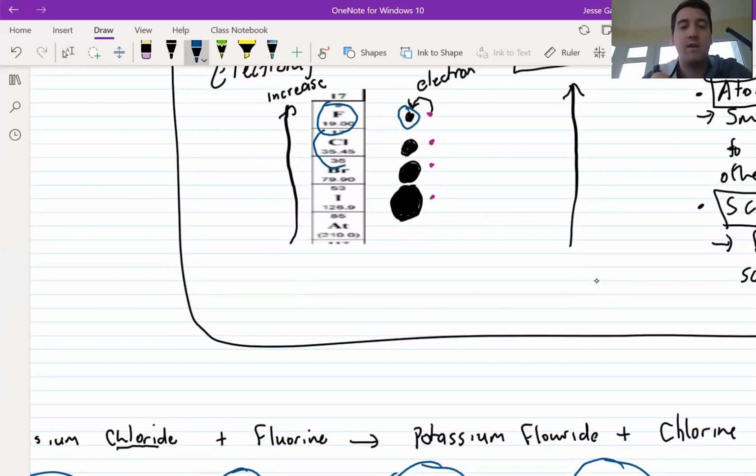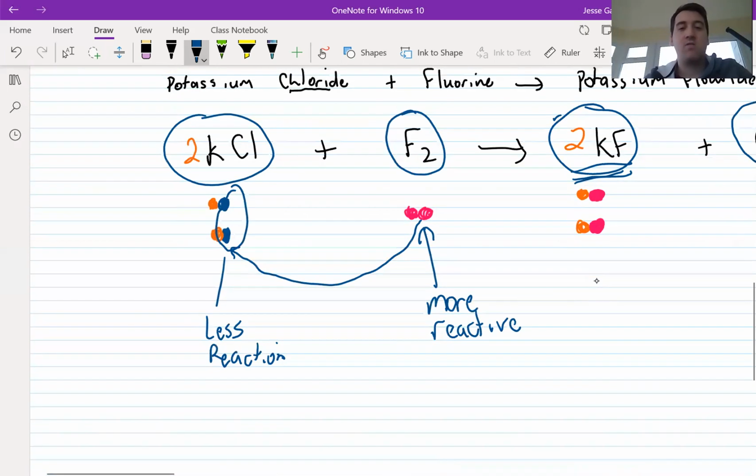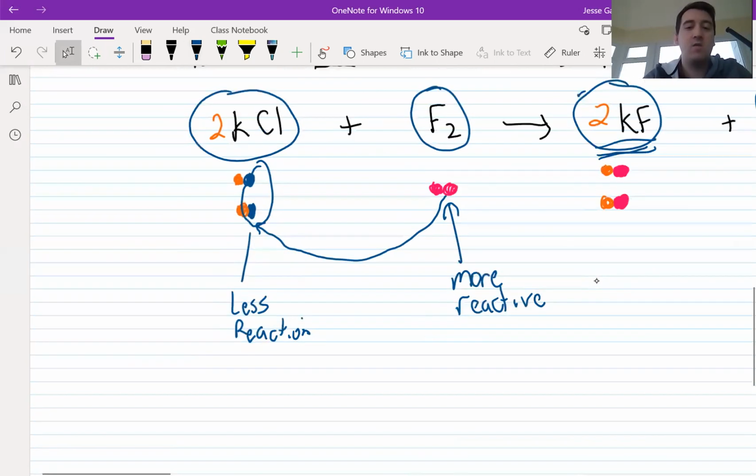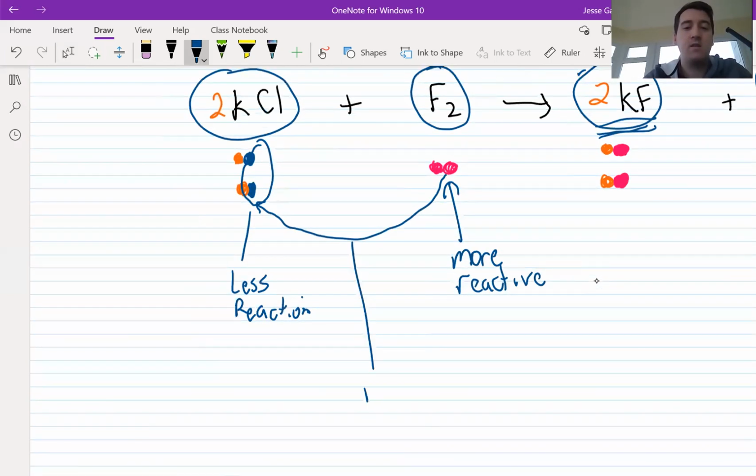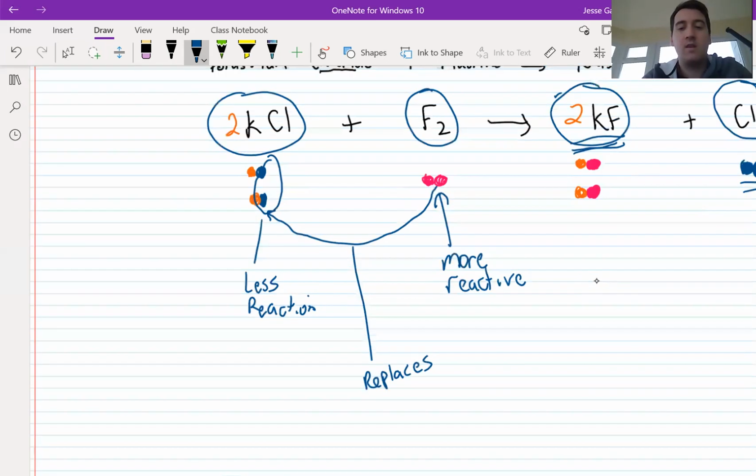Chlorine is below that, and it has a bigger atom, so it's less reactive. So chlorine is a less reactive element here, and fluorine is more reactive. So the more reactive atom replaces the less reactive atom in the compound.